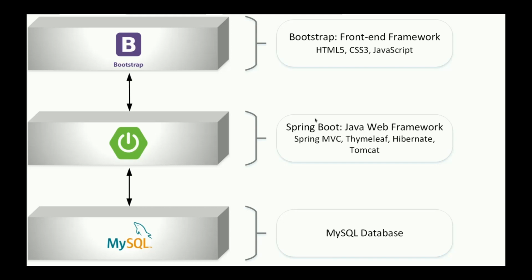For example, the Bootstrap depends on the Spring Boot layer, and then the Spring Boot layer depends on other vendors like MySQL. The MySQL could be any other vendor like Oracle DB, Postgres, and Snowflake's database, anything.